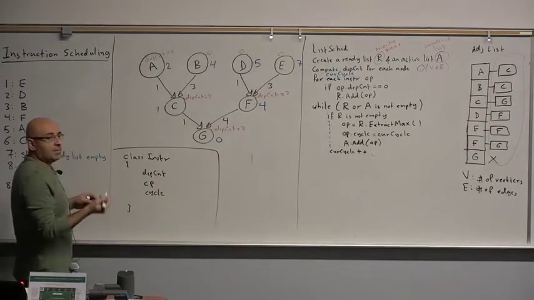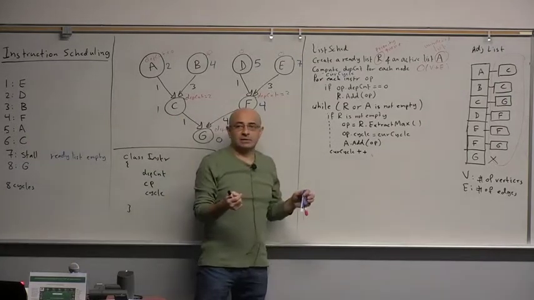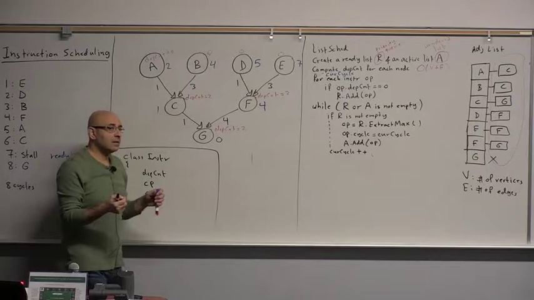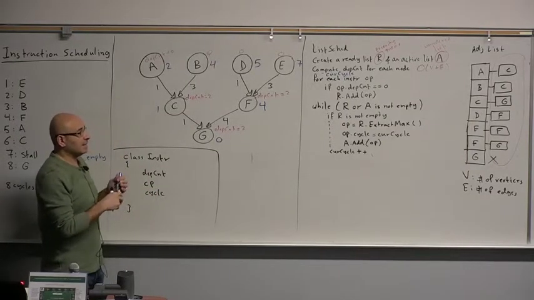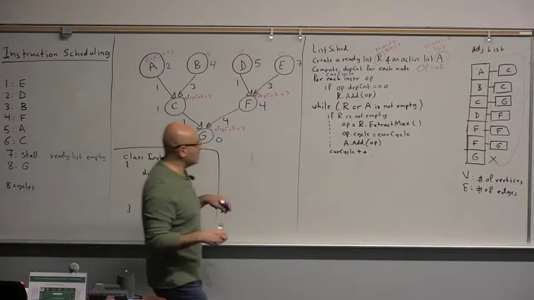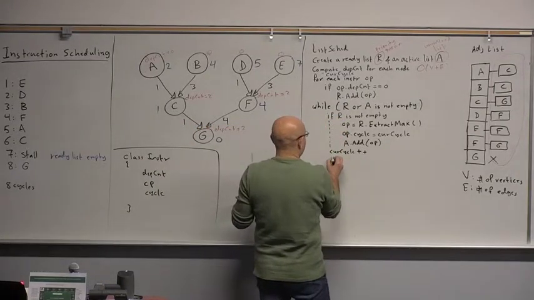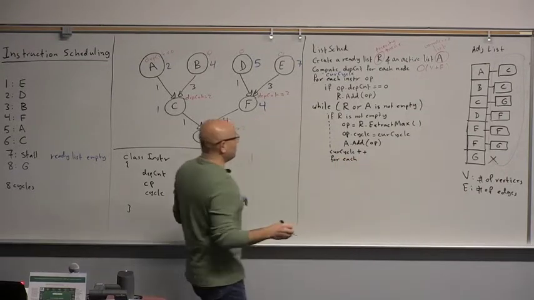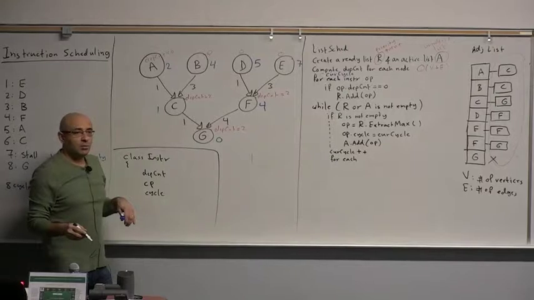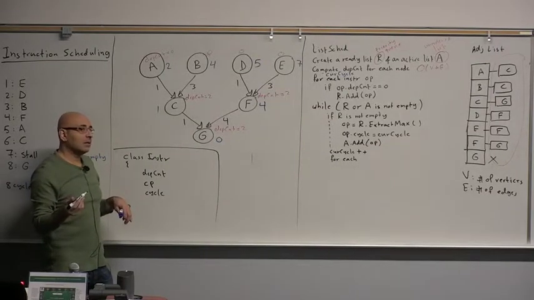OK, and after incrementing the cycle, what do you think we should be doing next? Check if any instructions are done. Yeah, exactly. So we check if any instruction is done. So for each. So now to check if any instruction is done, which instructions should we be checking?